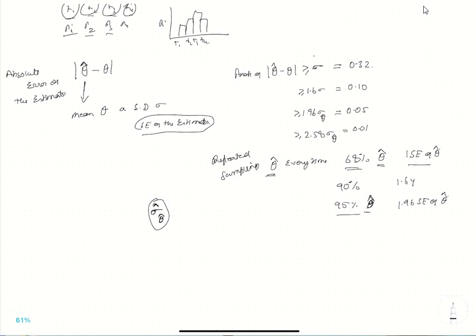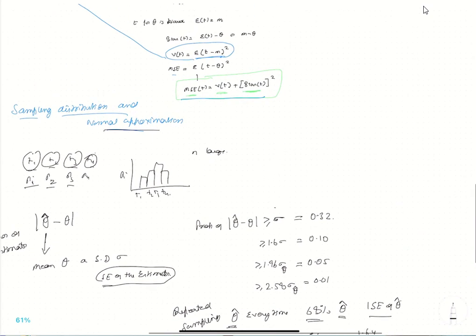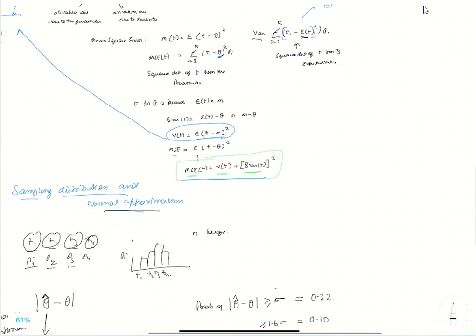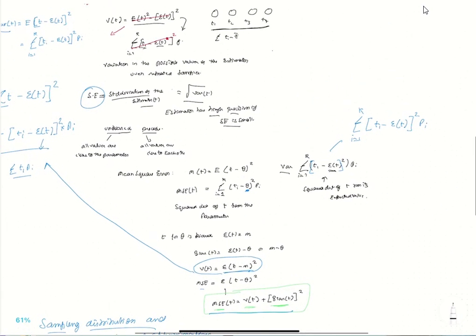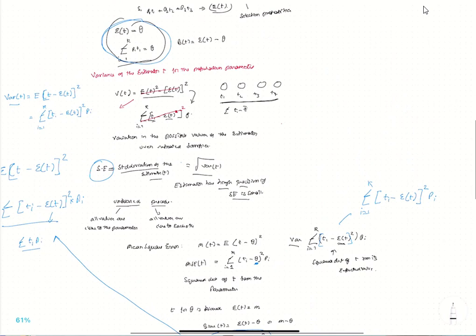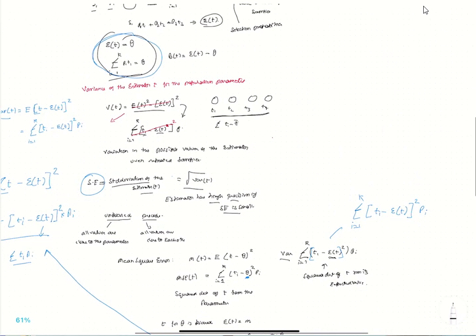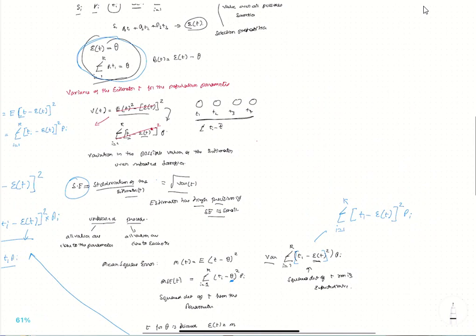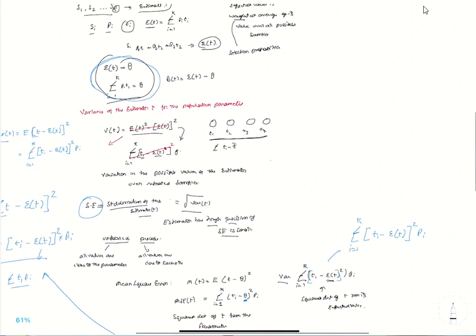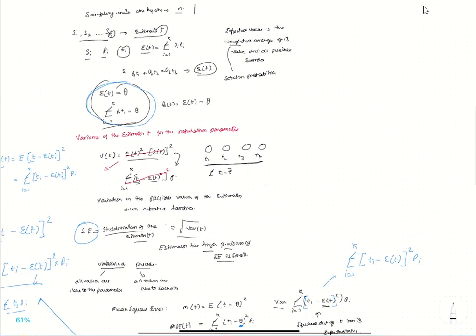To get the sampling error of the estimator, we need to calculate the variance. And how do we calculate the variance? Most of the time we don't know it, because variance requires all the sample Ti's, all the different Ti's.